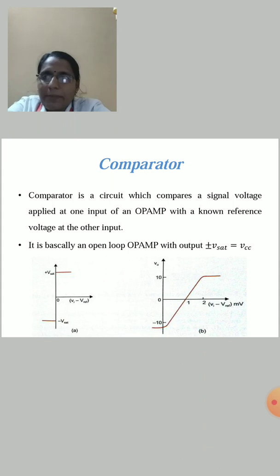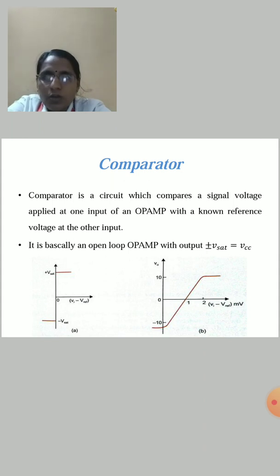So first one, the comparator. A comparator is a circuit which compares a signal voltage applied at one input of an op-amp with a known reference voltage at the other input, and produces either a high or low output voltage depending on which input is higher.